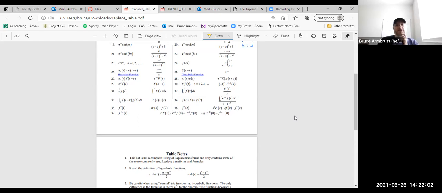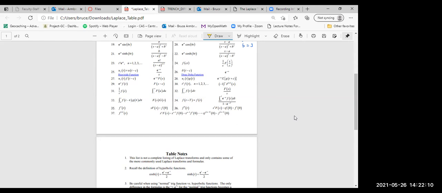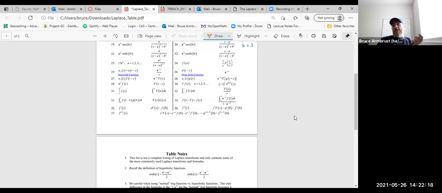Before I answer that question, Jacob, what makes you think you might want to do that? I'm thinking it could unlock a different avenue to solve differential equations. Yes, the answer is you absolutely can, because it's a linear transformation.